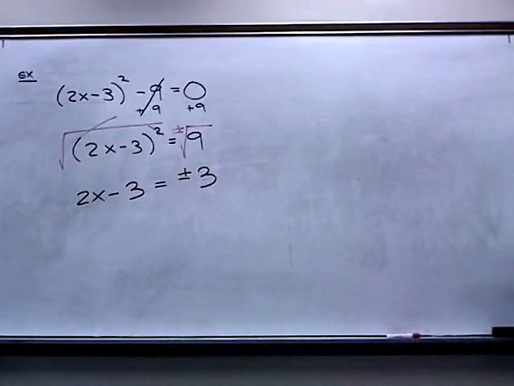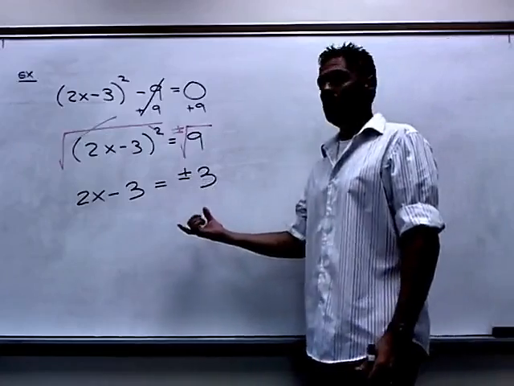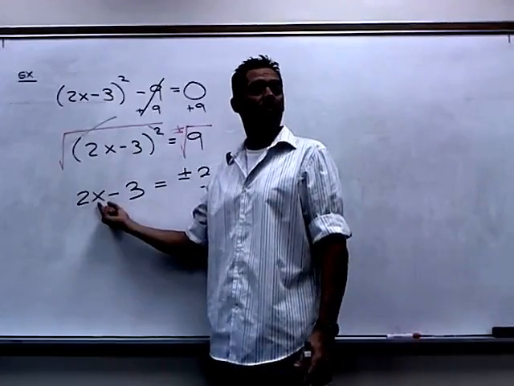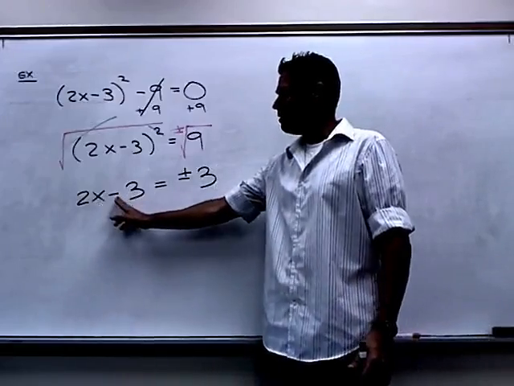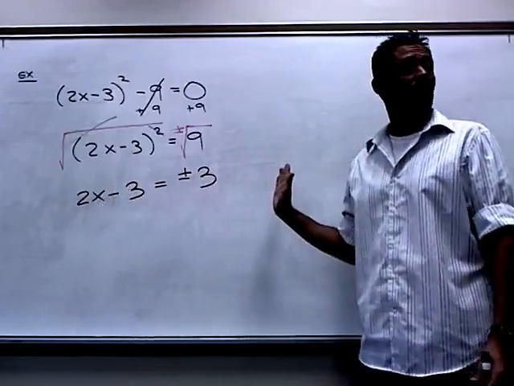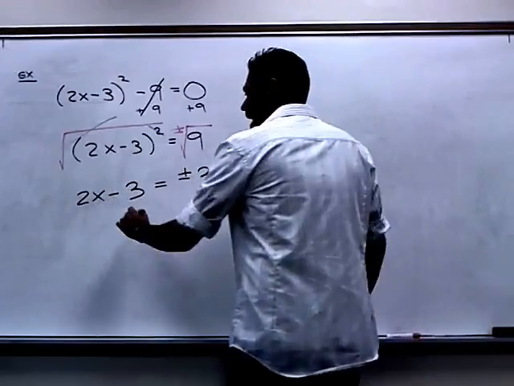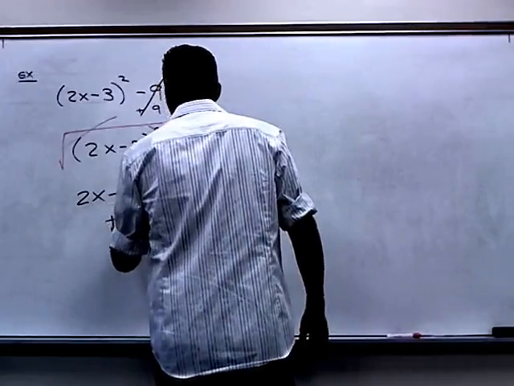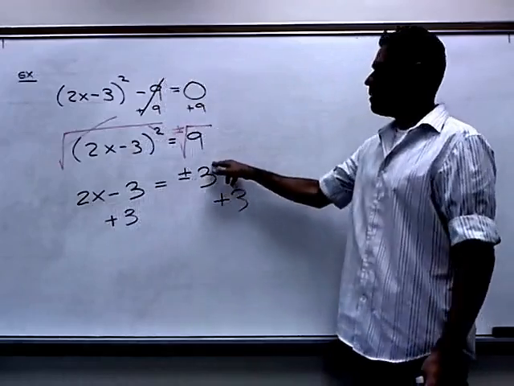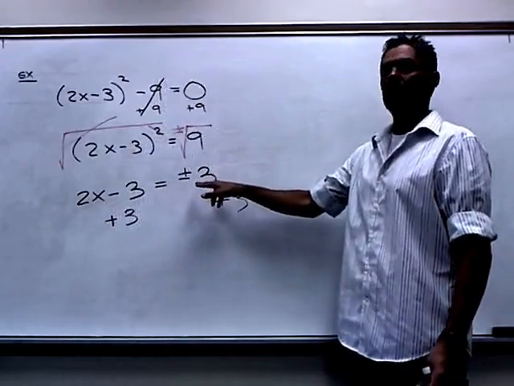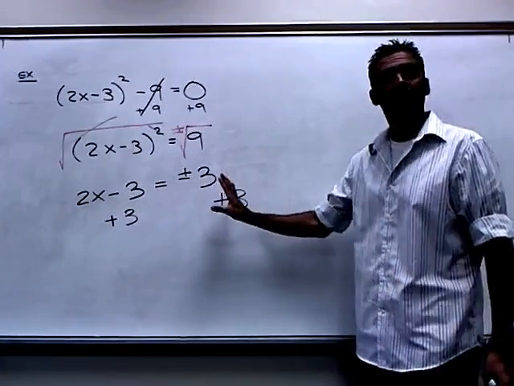Now, I still have not solved this equation. I'm trying to figure out what x is. So watch what I do now. I'm going to take this 3 and get it out of here by adding it on both sides. But this is kind of weird. Do I add 3 to the positive or to the negative? Both. I'm going to have to do both, but I'm going to wait on that.